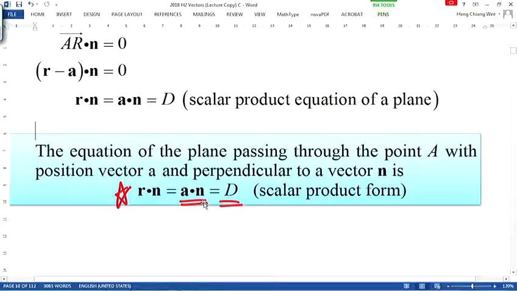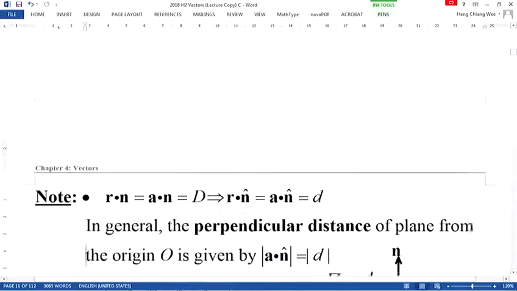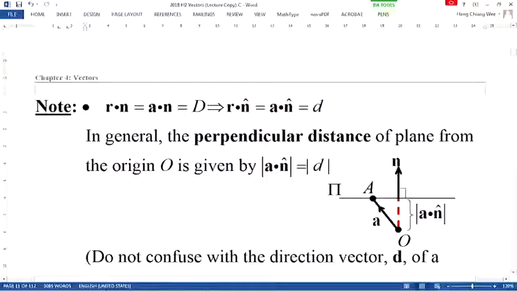If I look at things from the side view, if this is your plane and this is point A, remember that n is the normal. So isn't the perpendicular distance a dot n cap?